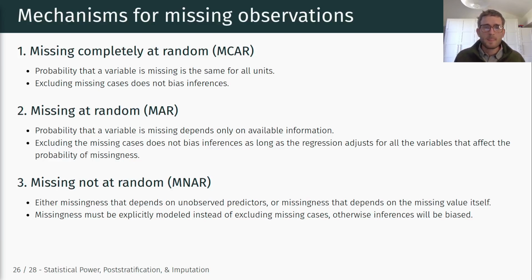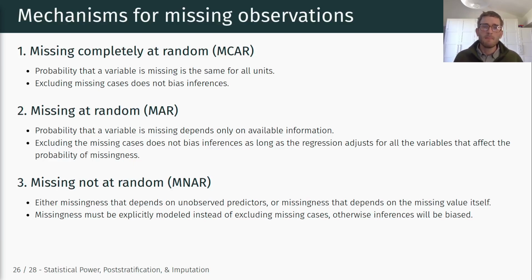The second alternative is that the missingness depends on the missing value itself. And this is where we have issues, for example, of censoring. You could think of, for example, asking people about their household income in a survey, and people with higher incomes are more likely to not report their income.